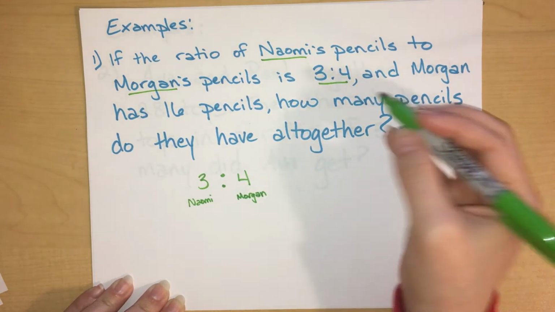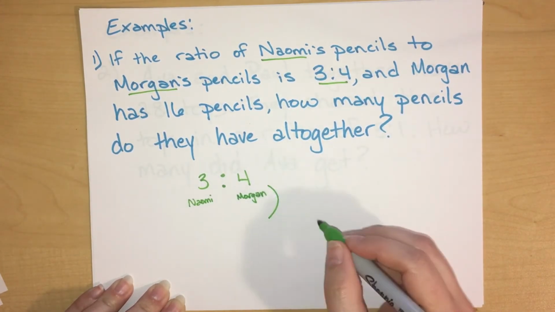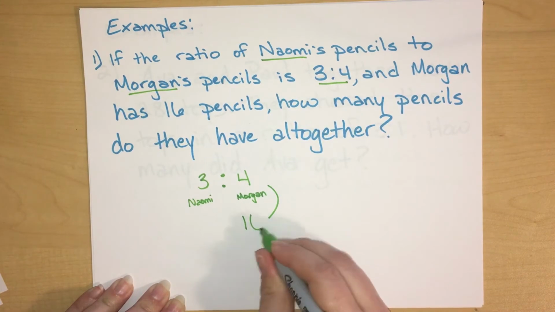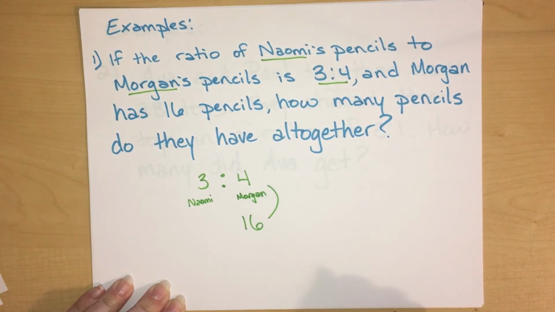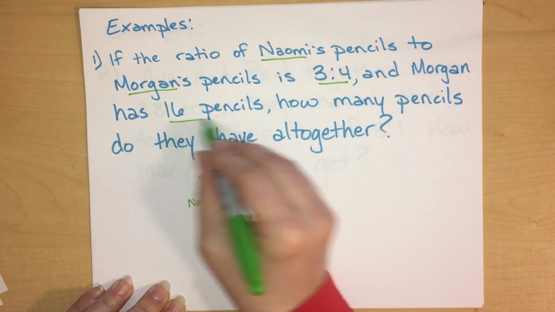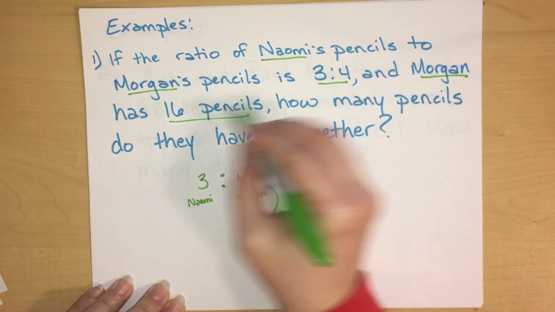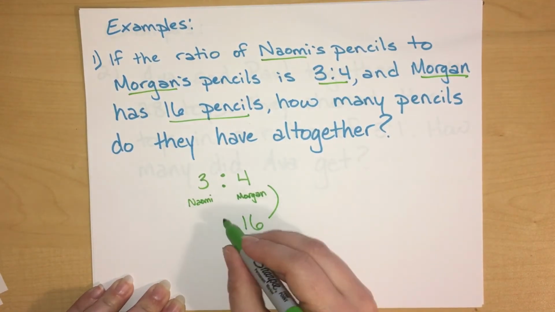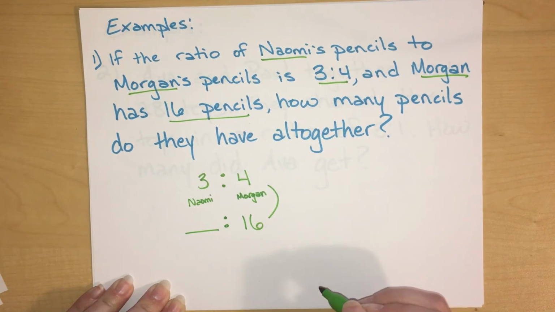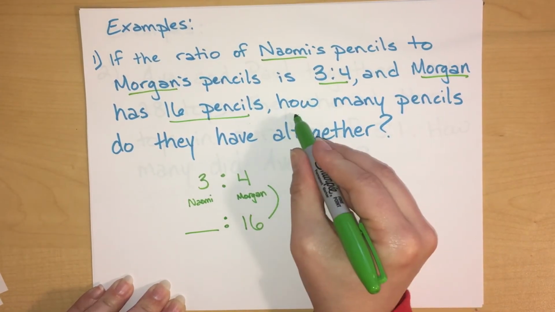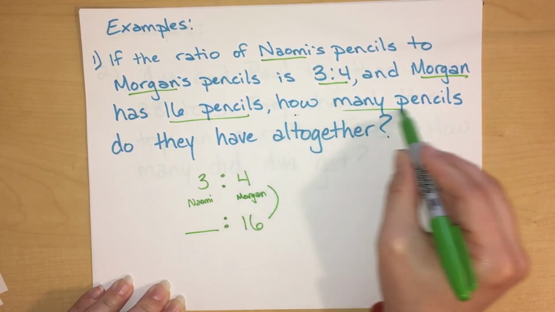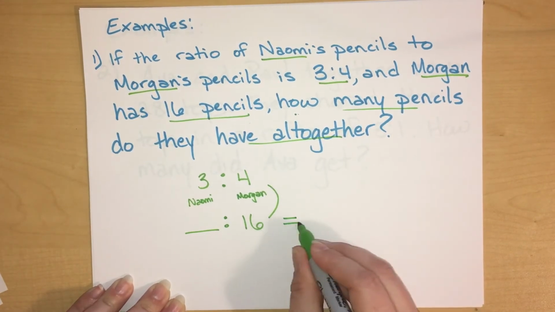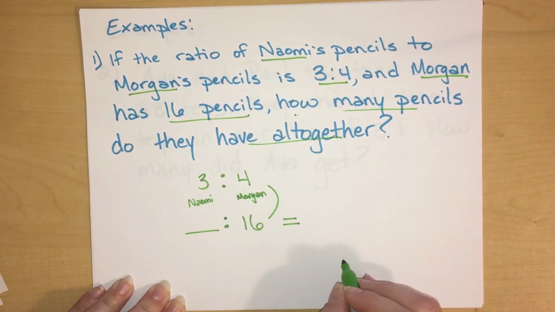Now all of a sudden we're looking at a case where Morgan gets 16 pencils. That's the next part of important information. We don't know how many Naomi has, and what we actually need to do is, now that he has 16 pencils, find how many they have altogether. So we're going to need to find the sum of the ratios.